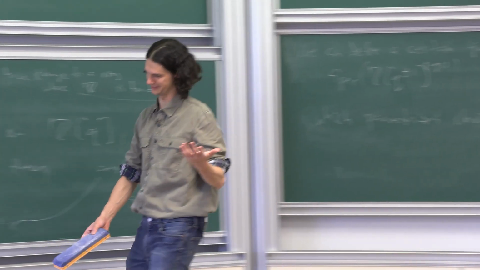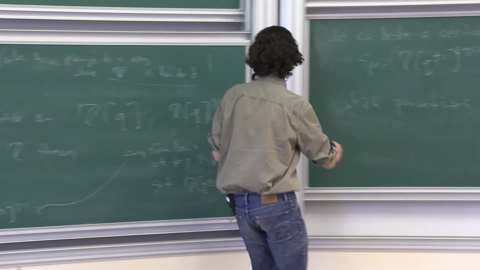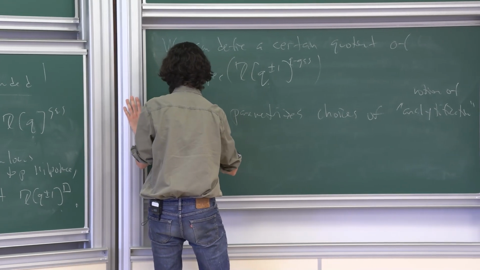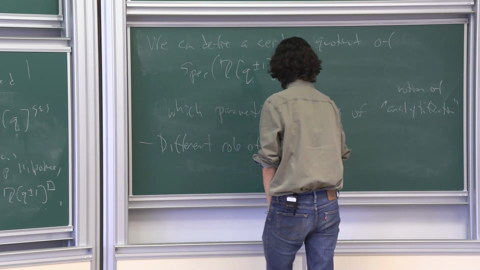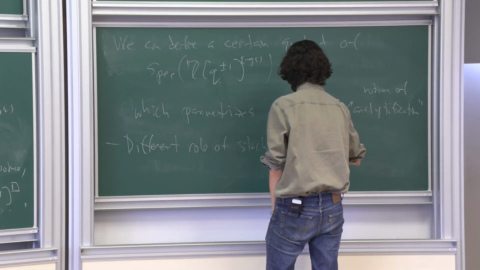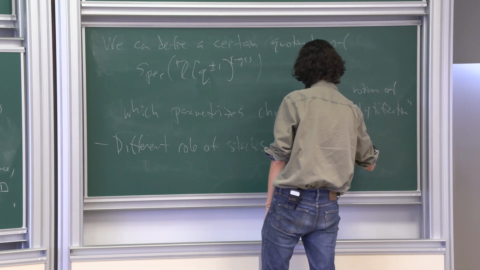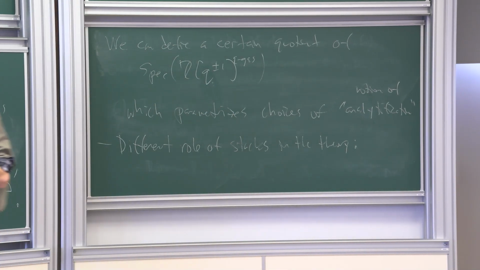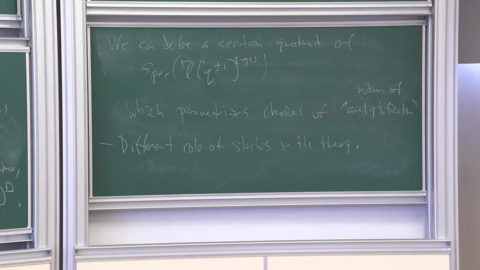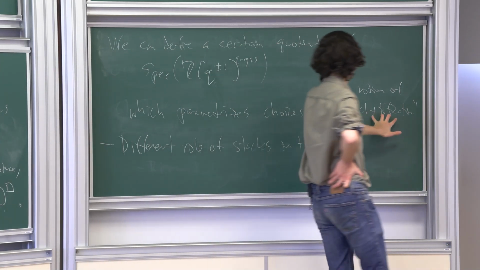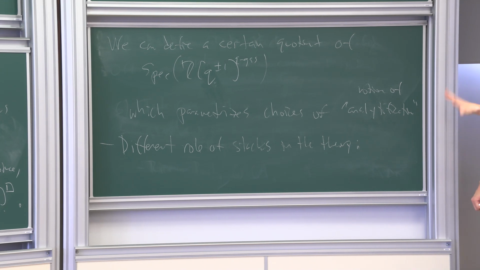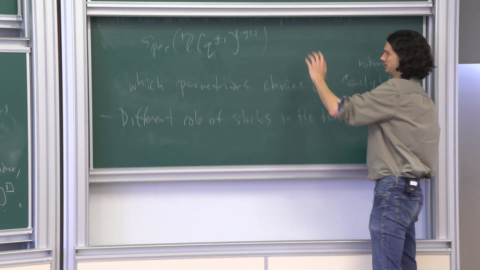So now we have a different role of stacks in the theory. Here we have a stack. It's a quotient of spec of an analytic ring by an equivalence relation. And it is a stack which is in some sense parameterizing choices of analytic geometry over a given base ring.